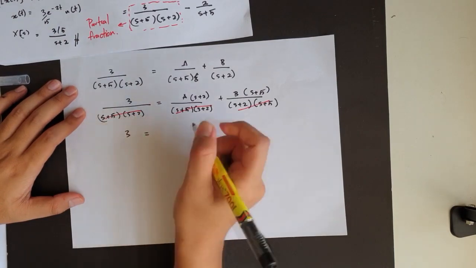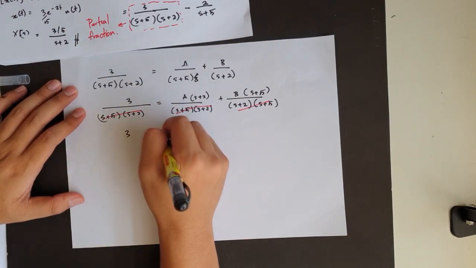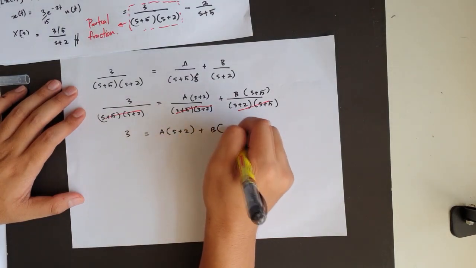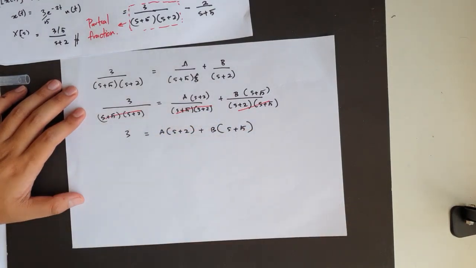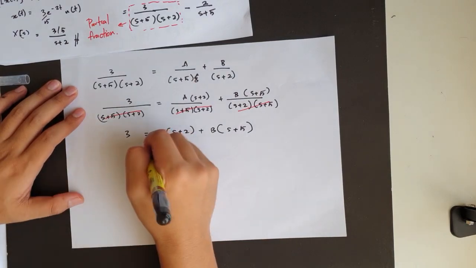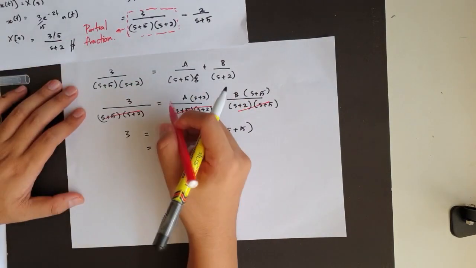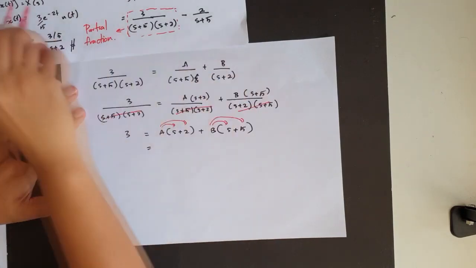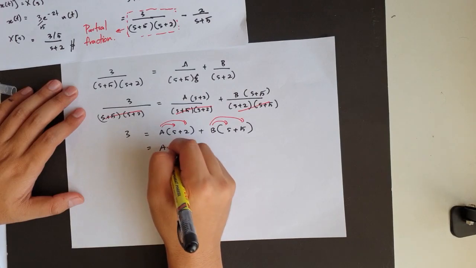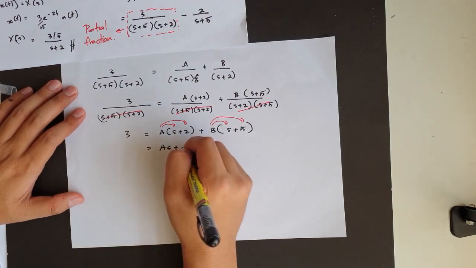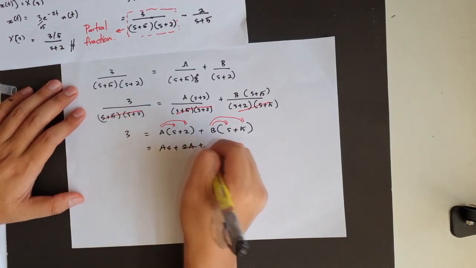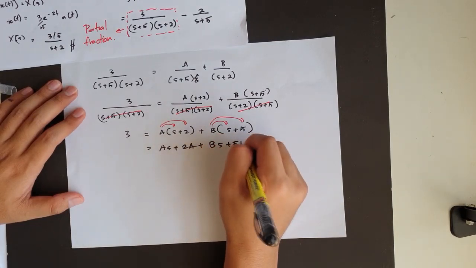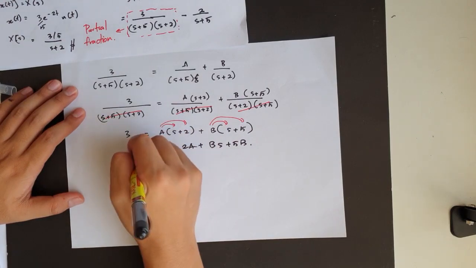So 3 is equal to A times s plus 2 plus B times s plus 5. According to this one, we multiply inside the bracket. So As plus 2A plus Bs plus 5B is equal to 3.